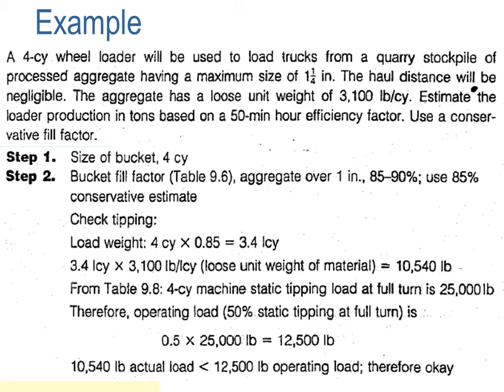So the operating load is safely taken as 50% of static tipping load. Okay, so 50% of 25,000, this is 12,500. So this is for sure larger than the actual load, so therefore it's okay to use this size.